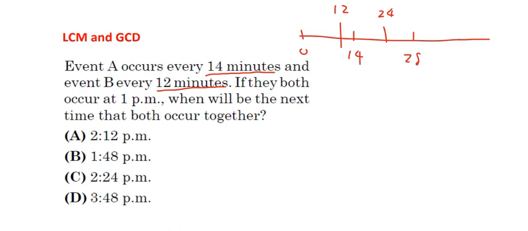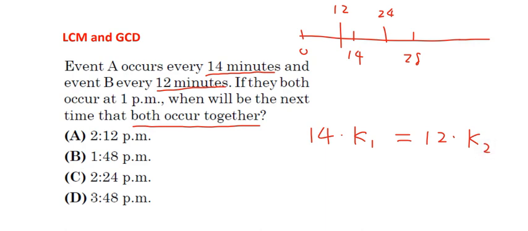Okay. So what will be the next time that both occur together? So we can say 1 time 14, 14, 14, 14. Suppose 14 multiply k1 equals 12 multiply k2. Okay.